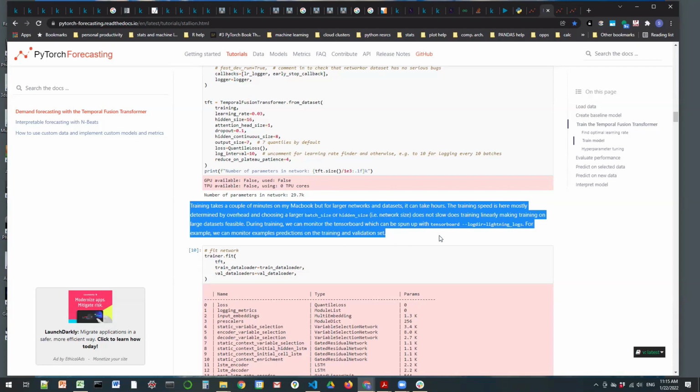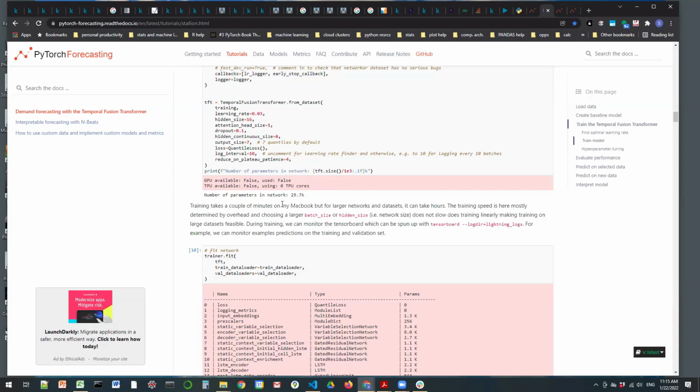So he's training on CPU? Can you train just on his MacBook? Well, it says there in the line above, it doesn't have a GPU or a TPU. So yeah, false.